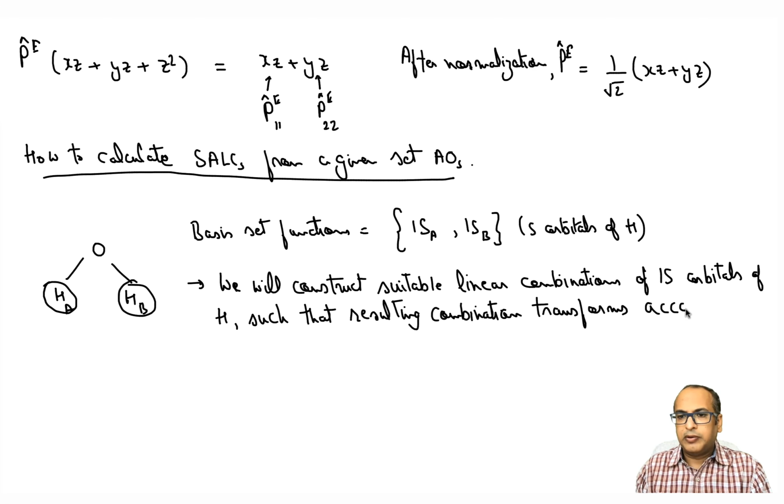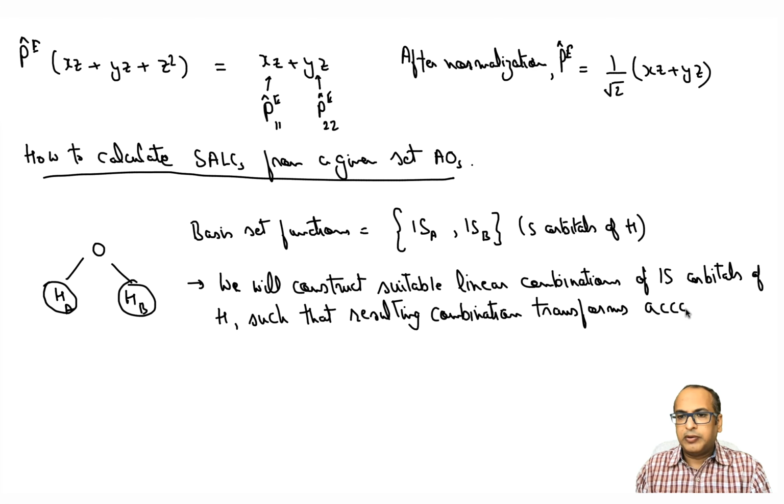And sigma XZ, the matrix comes out to be 0, 1, 1, 0. All right. So once we have obtained the reducible representation using the basis set of functions, we have to reduce this to component IRs, right?